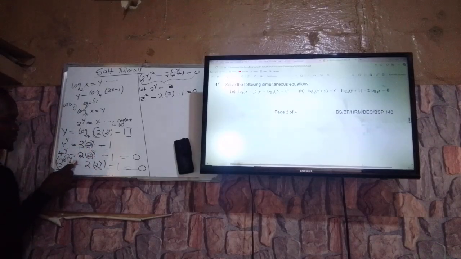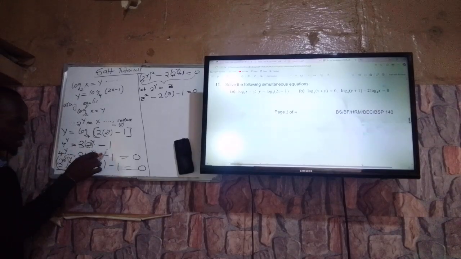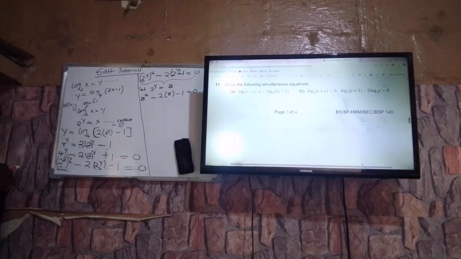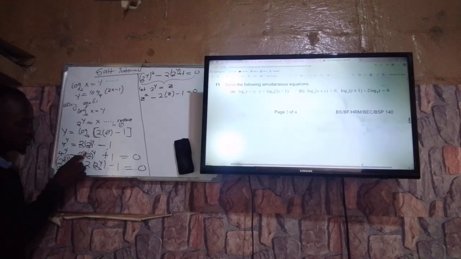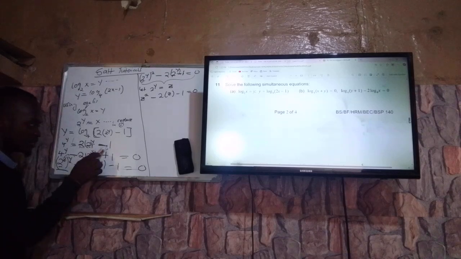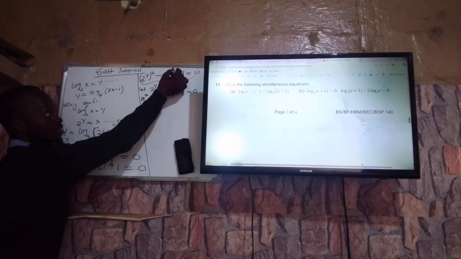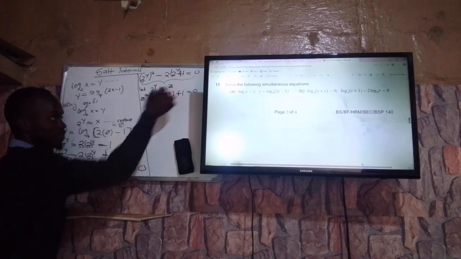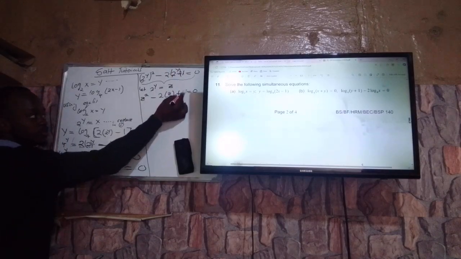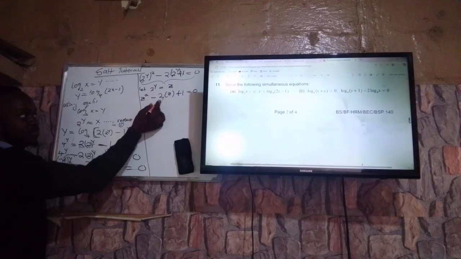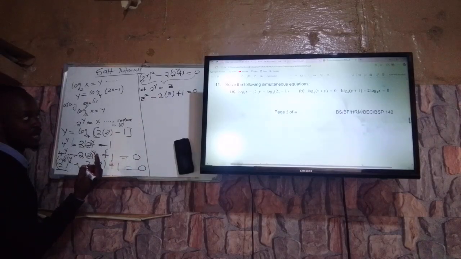This became negative 2 power y. Actually, this is supposed to be positive. Let's make that correction. Because this is 2 power y, when it crossed, it becomes negative. This is negative 1, and when it crossed, it becomes positive. So this is positive, and this is positive. 2 numbers which, when you multiply, give positive 1, but when you add them, give negative 2. Negative 1 and negative 1.